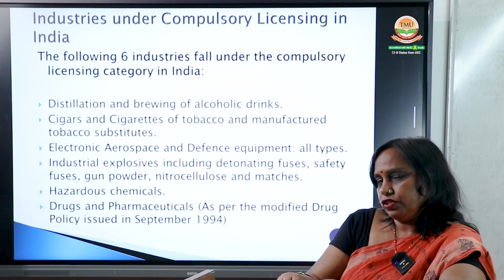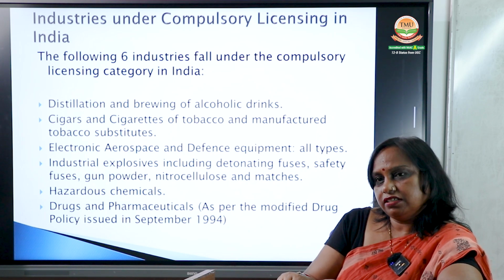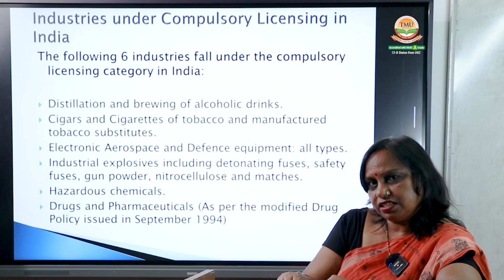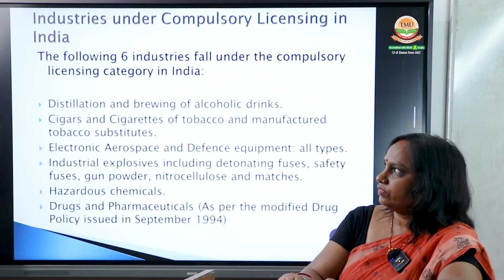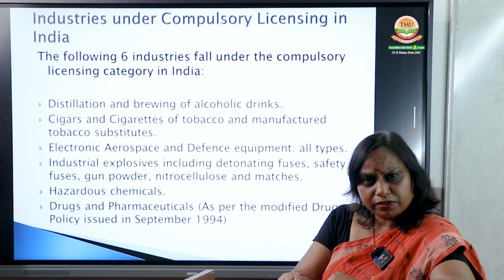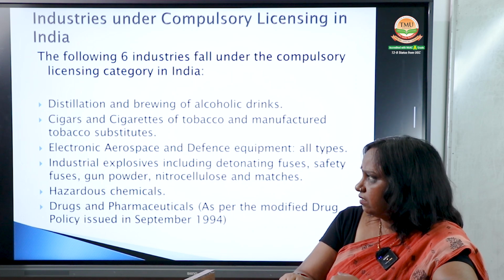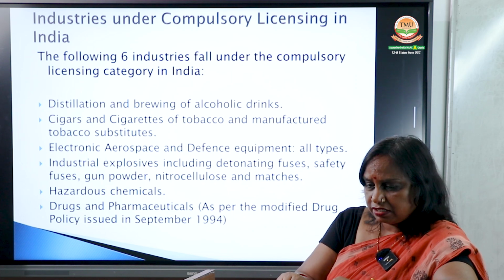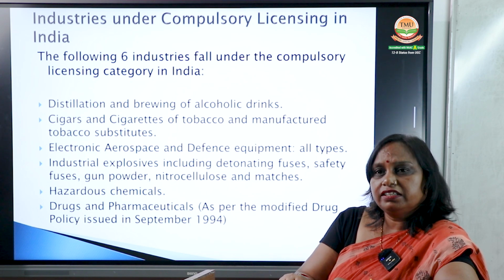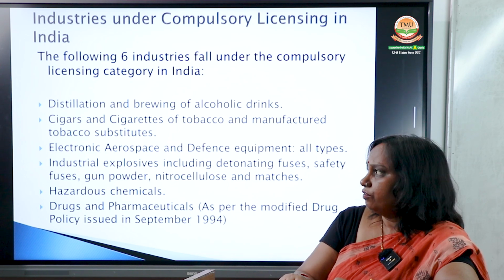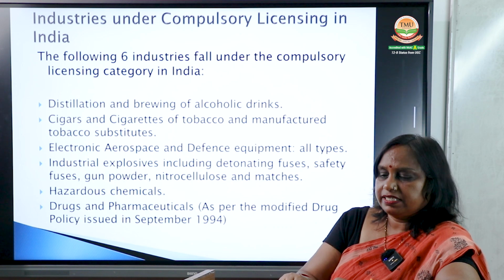In this, we discussed what is compulsory license, what are the situations in which the compulsory licensing can be issued, and we have seen some examples of compulsory licensing, and now we have also discussed the various 6 industries who are given the permission for the compulsory licensing.